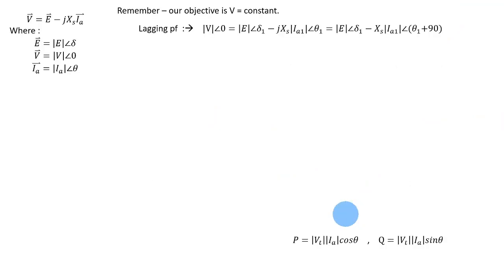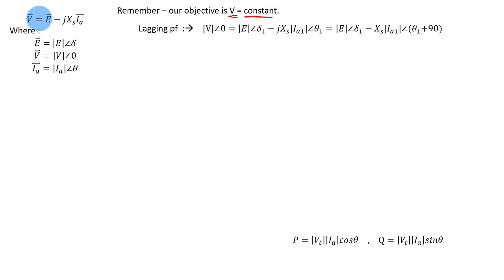Okay, now let's pay very close attention to this explanation. All right, remember that our objective is for the phase voltage, or the terminal voltage, to be constant. So remember the phasor diagram relationship for lagging power factor.